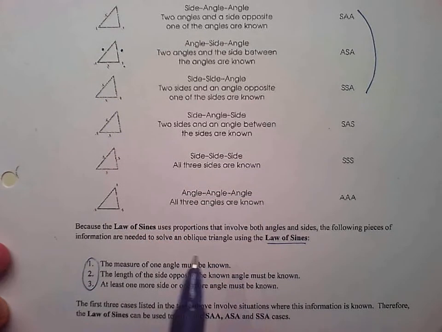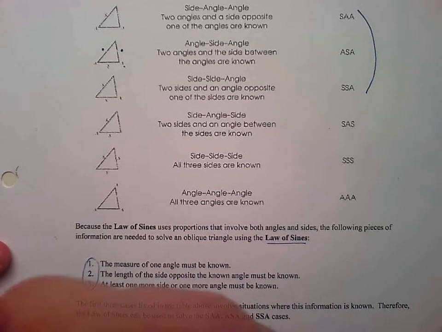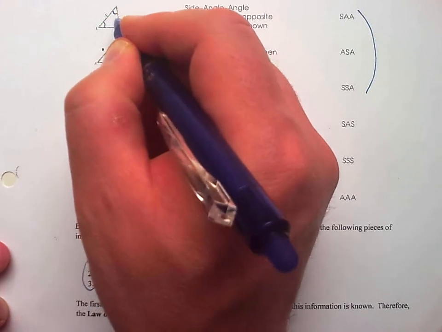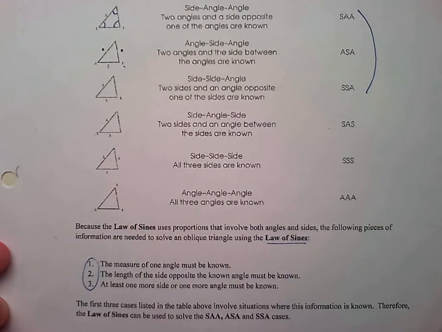But here's the important thing to remember: the angles in a triangle must add to 180 degrees. So in any triangle, if you add the angles together, they must equal 180 degrees.